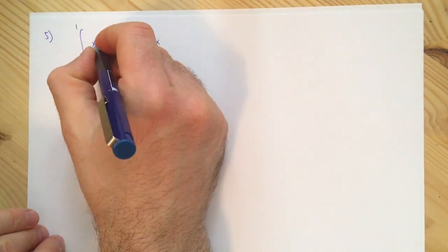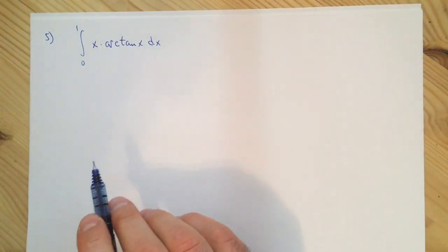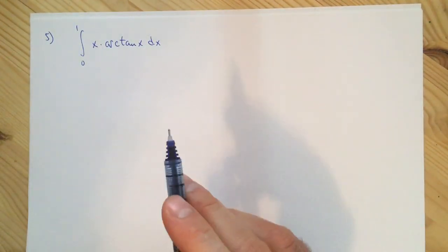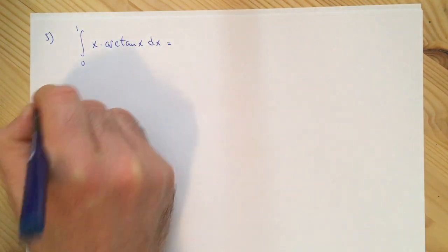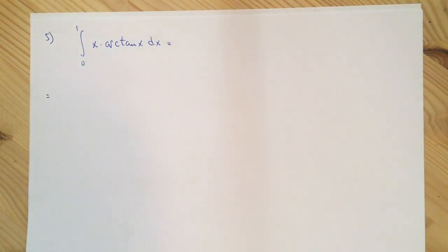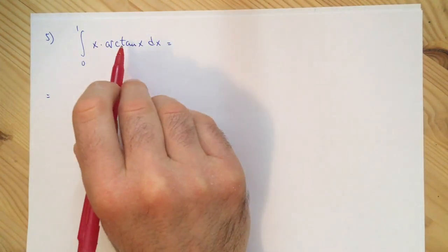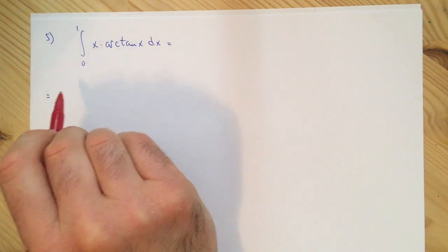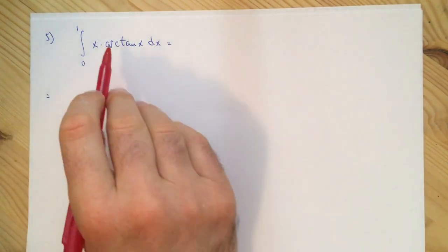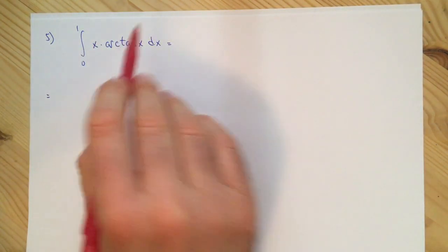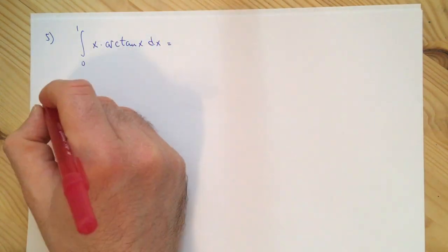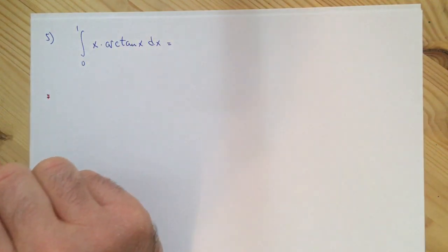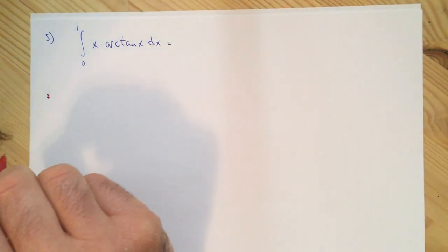Here, obviously, the only choice that we have is the integration by parts, right? No substitution will bring us from arctangent to x, and this doesn't coincide neither with the trigonometric substitution, trigonometric integral, nor partial fraction. So we have to identify what our f and what our g prime is going to be.